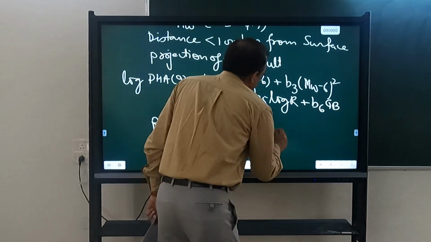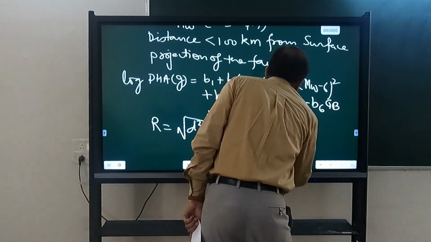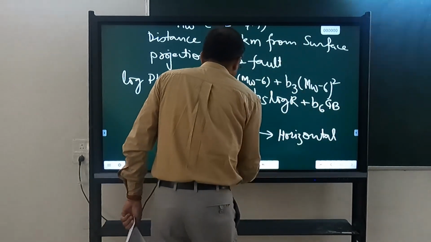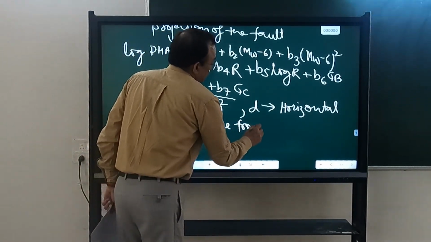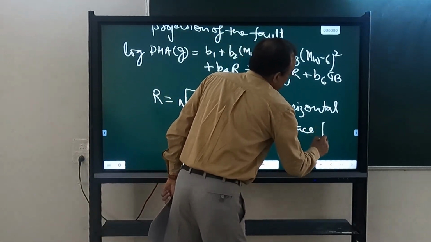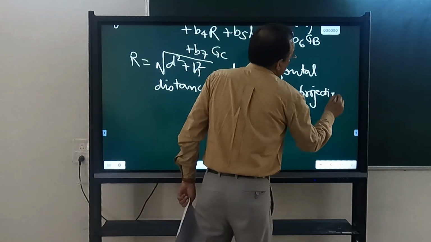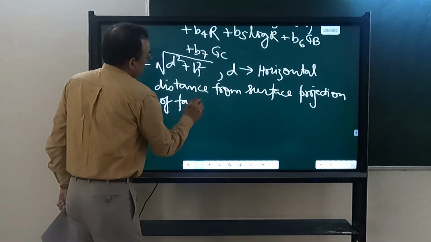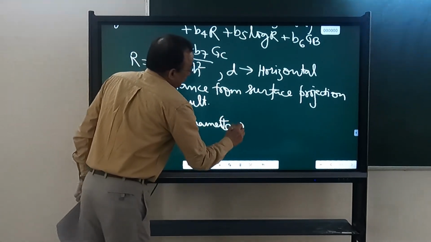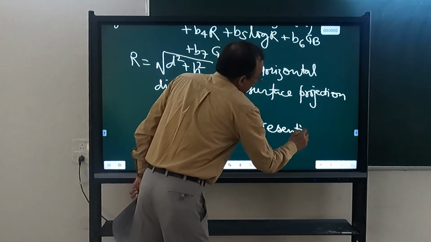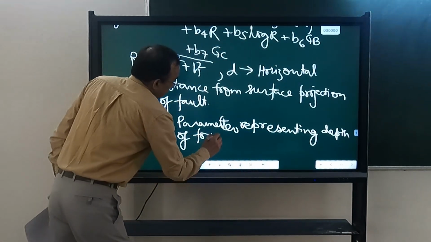D is the horizontal distance from the surface projection of the fault, and H is a parameter representing the depth of focus or hypocenter.